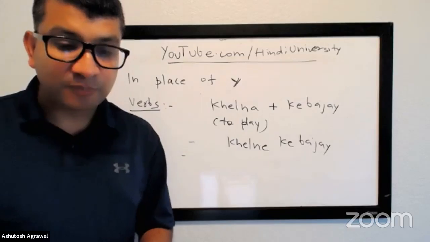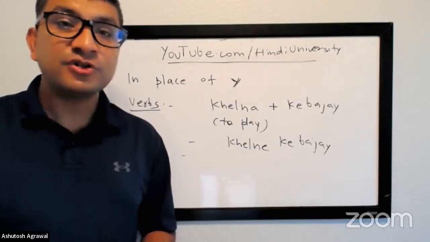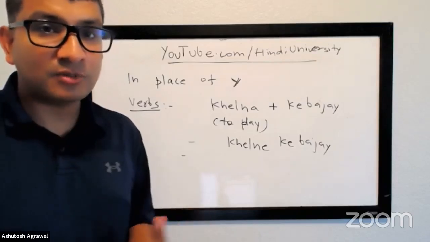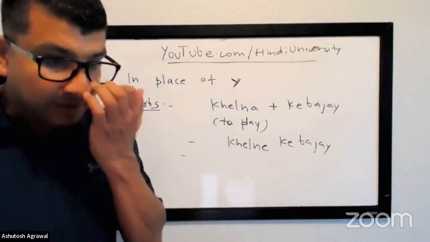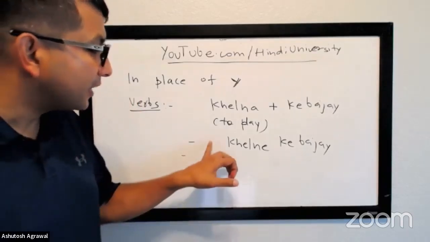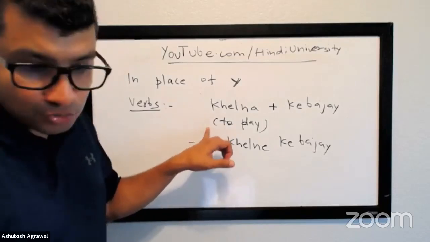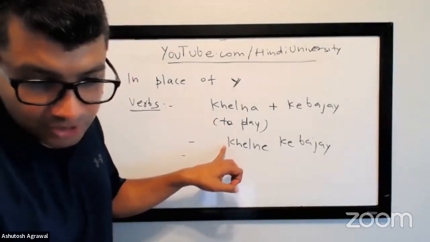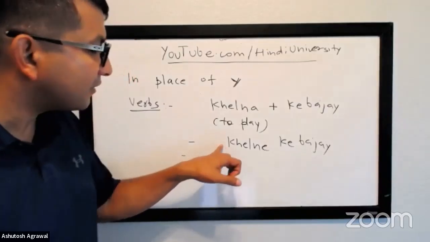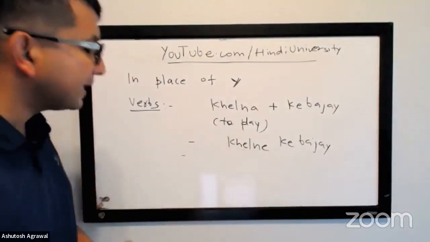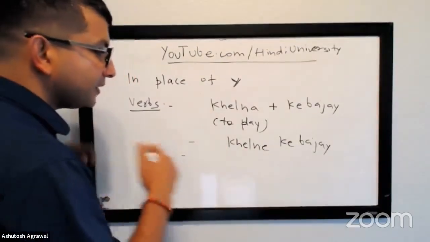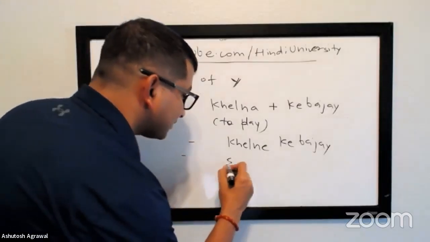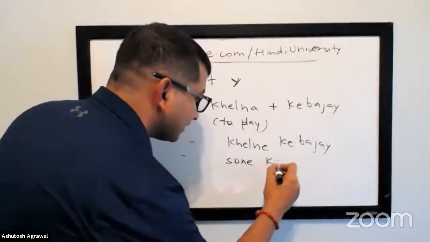Instead of playing, she went shopping. This is where there will be some action as well, and where you'll come across better sentences. Let's do some more of this with some action. Instead of khelne ke bajaye, try to replace khelna with some other verb. Sone ke bajaye? Very good. Sone ke bajaye.